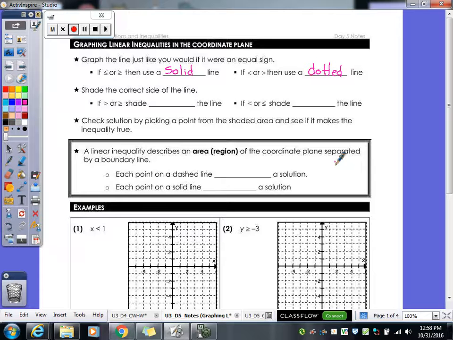You also have to shade the correct side of the line. So this is when you have to understand that 1 dot, 2 dot rule thing and know that this first one, these are greater than. Greater than or greater than or equal to, you're going to shade above the line. We also say sometimes shade up.